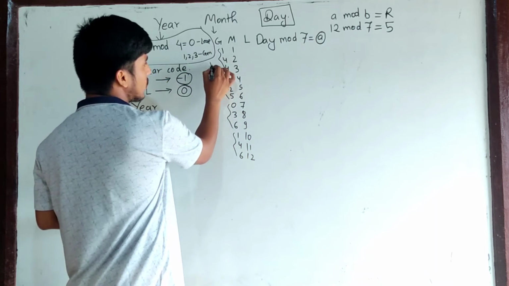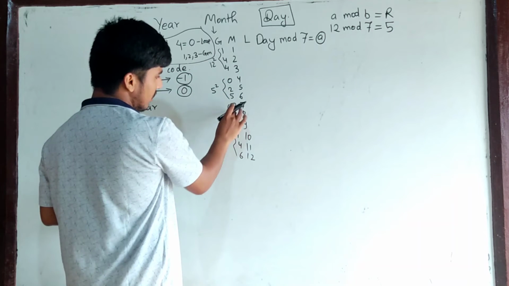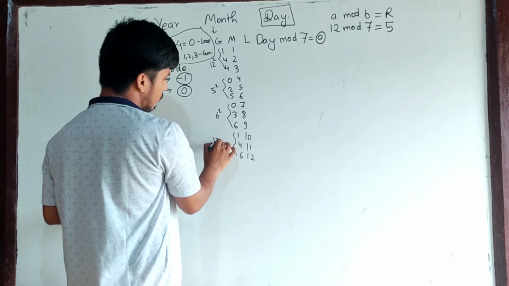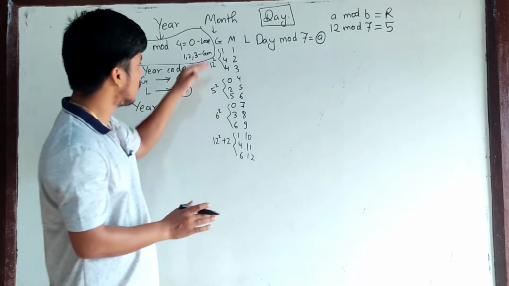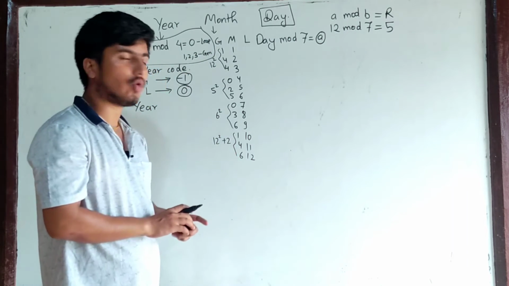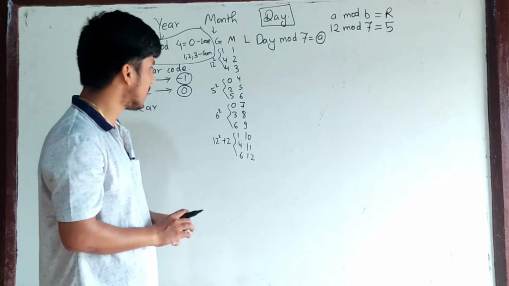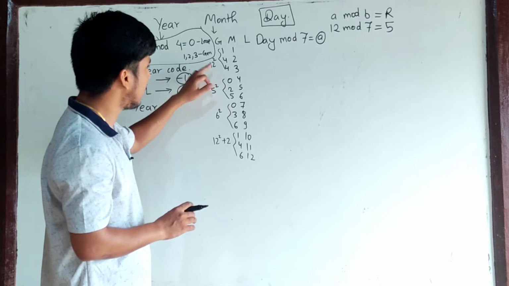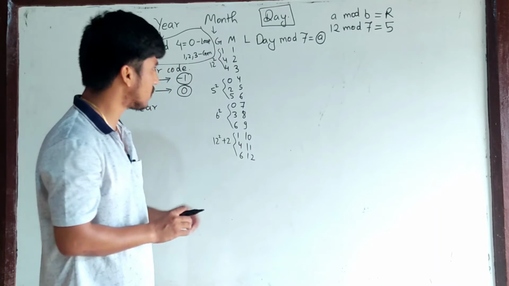This 144 is 12 squared, this 025 is 5 squared, this 036 is 6 squared, and 146 is 12 squared plus 2. So if we divide the 12 codes into groups of 3 each, memorizing the code becomes easier.